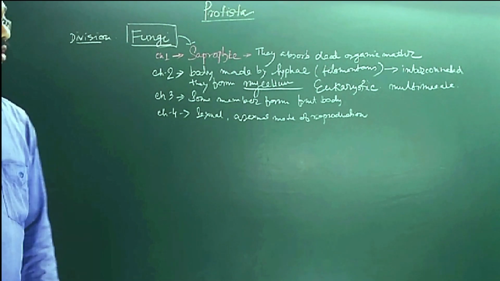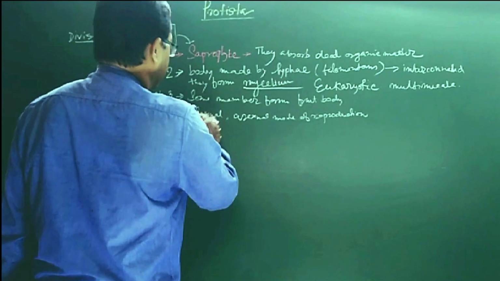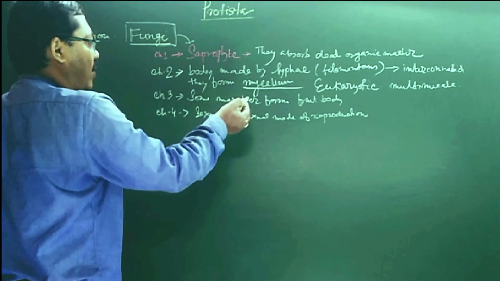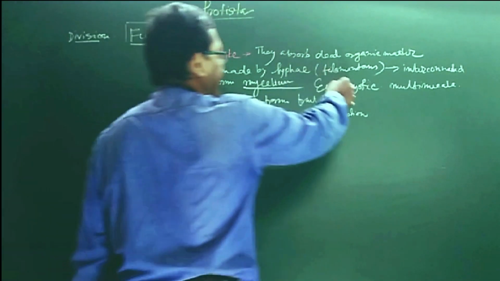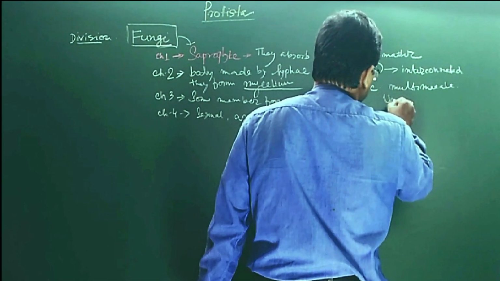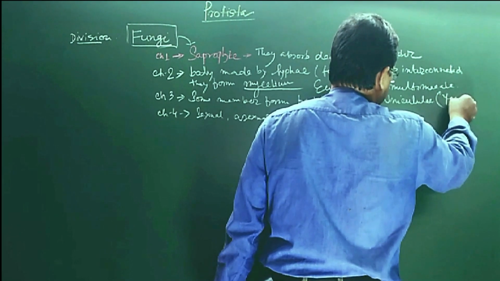This is called Deuteromycetes. A very few members, one or two, are unicellular rather than filamentous. Some are unicellular, found in yeast.